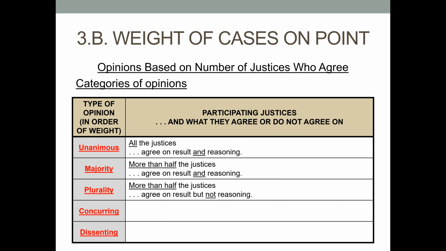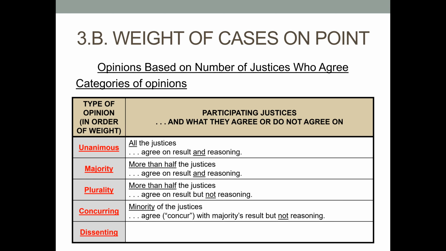Now, these last two opinions are minority opinions that would be in response to a majority opinion. A concurring opinion is an opinion by a minority of the justices. That is, you have a majority of the justices who agree on both the result and the reasoning, but now you have a minority, such as one or two or three, who agree with the majority on the result, but disagree with the majority on the reasoning leading to it.